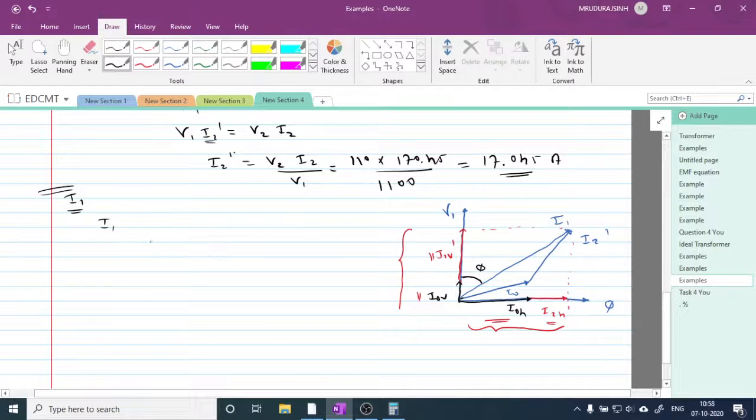The vertical component comes with the cos phi. So I1 cos phi 1 gives us the vertical component, which is equal to I0 cos phi 0 plus I2 dash cos phi 2 dash, right?